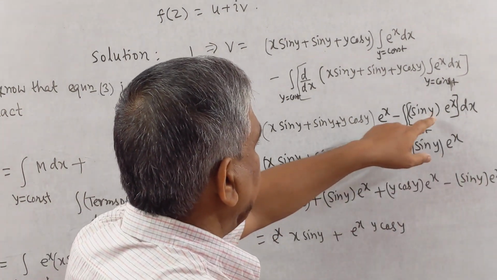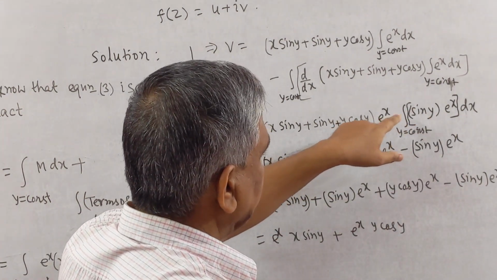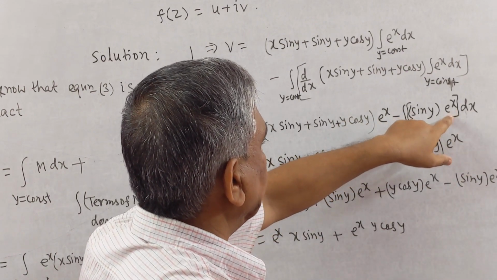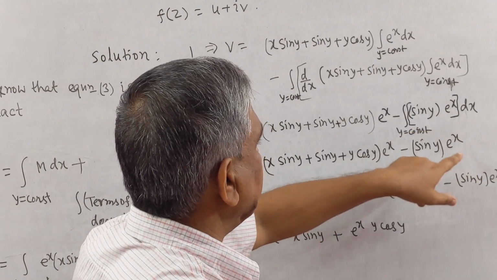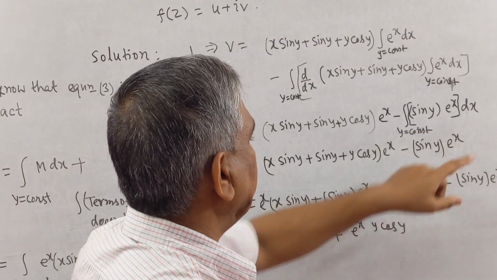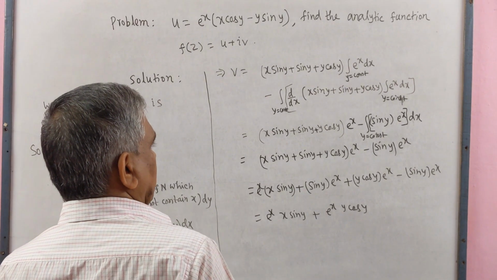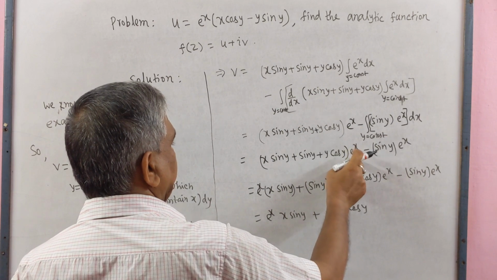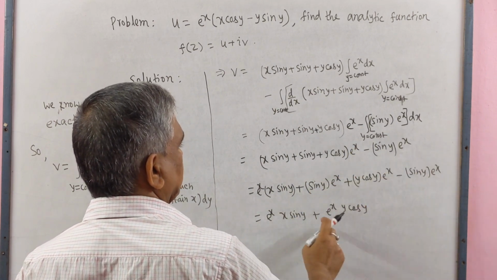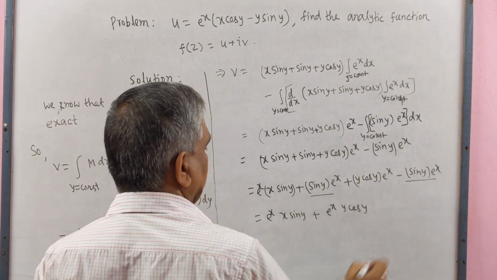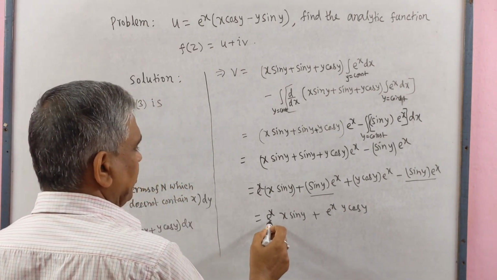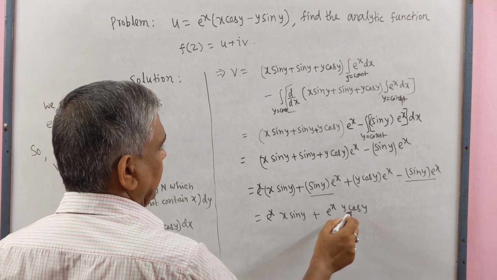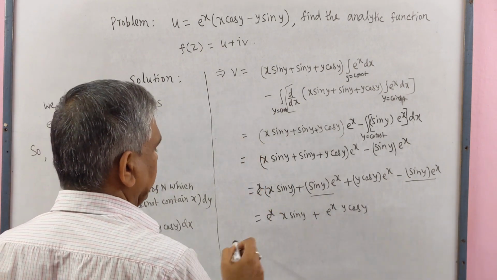So we may take sin y out of this integration and integrate e^x. The integration of e^x with respect to x is e^x, so sin y e^x. Now we multiply each term with e^x, and this term and this term cancel out, and only e^x x sin y plus e^x y cos y remains. This is the value of v.